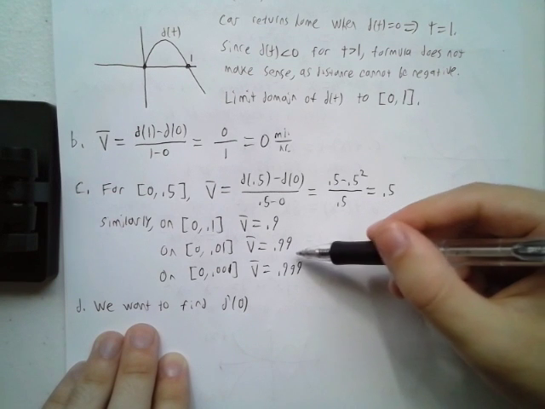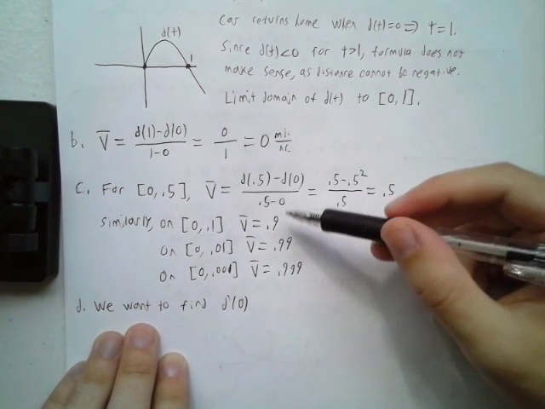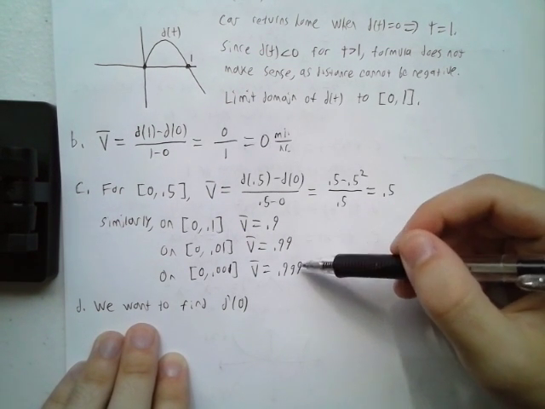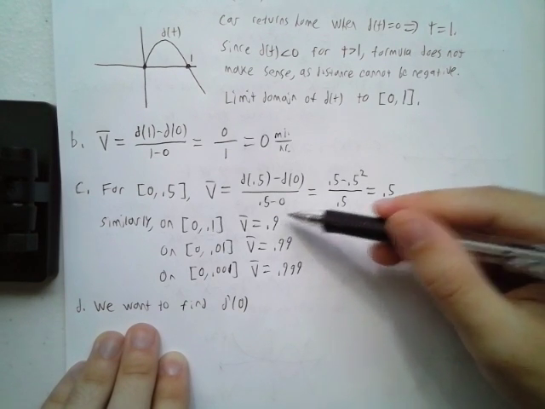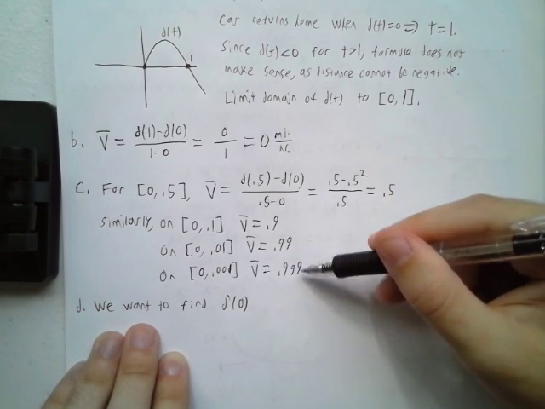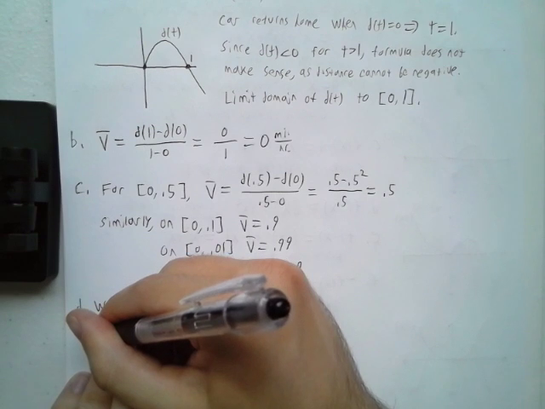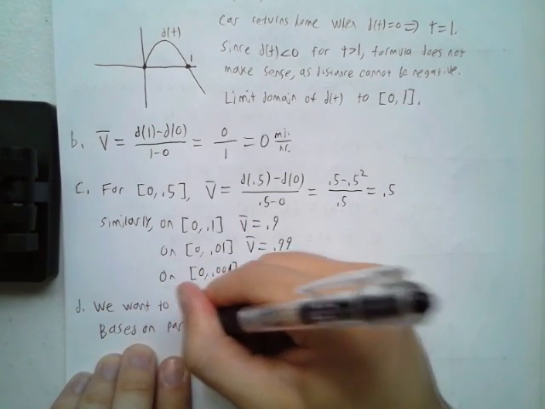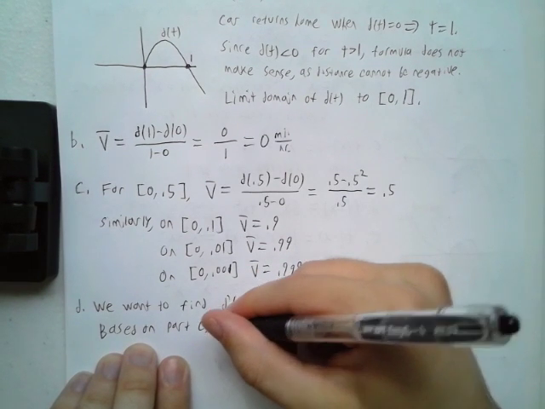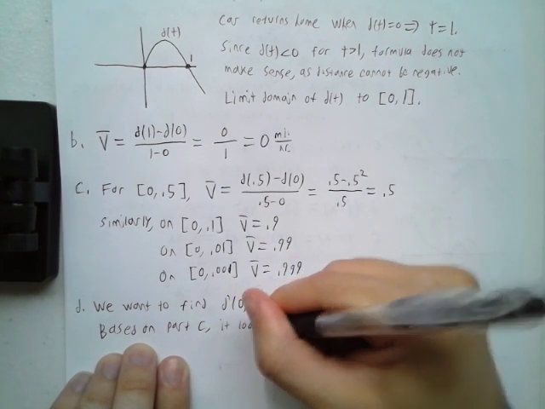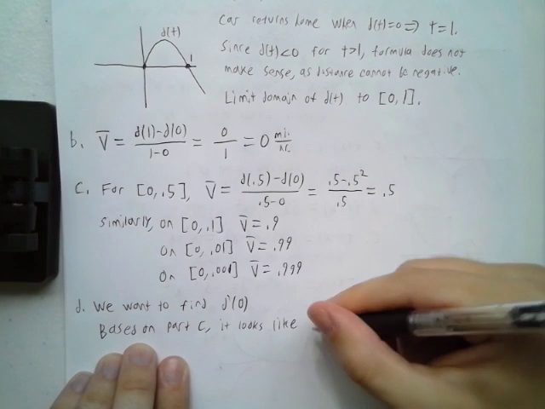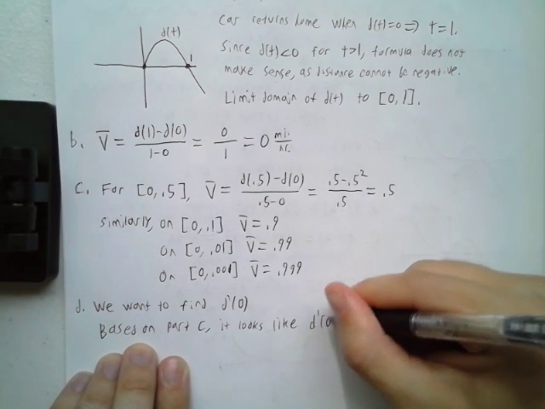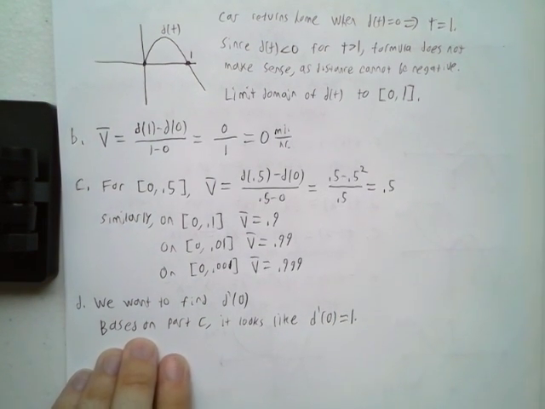Based on our calculations in part C, we've been estimating the value of that derivative, and we see that it keeps getting closer and closer to 1. So, based on part C, it looks like d prime of 0 is equal to 1.